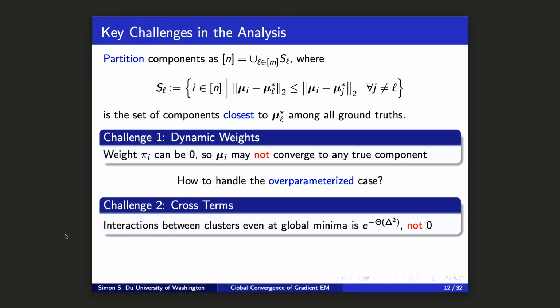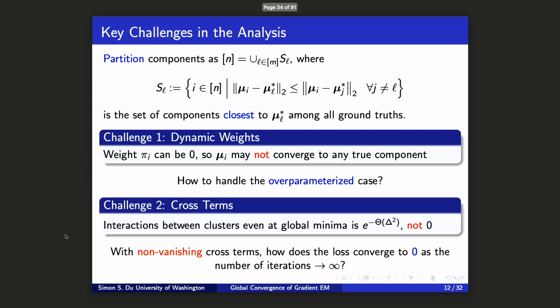It's a bit more technical, but basically in your gradient you have terms from the ground truth cluster you're closest to. You also have terms from the other clusters. Those are what we call cross terms, and they're not 0 even at the global minimum. But you need to find some way to handle them as well. Yeah, so these are the two main technical challenges.